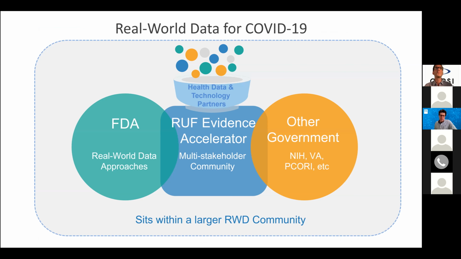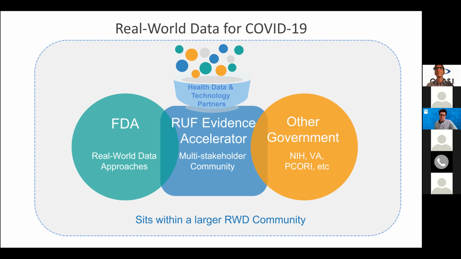The FDA worked in partnership with the Reagan-Udall Foundation to stand up what is called the COVID-19 Evidence Accelerator. The Reagan-Udall Foundation, as some of you may know, was established by Congress in 2007 as a partnership for the FDA to assist the FDA in advancing regulatory science.